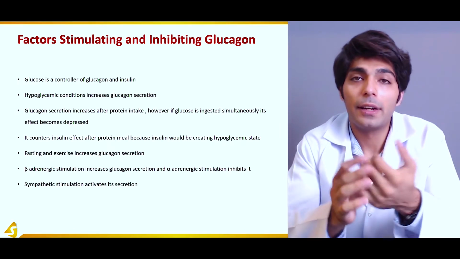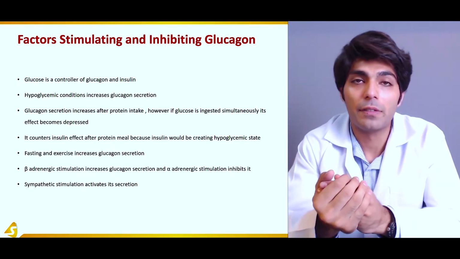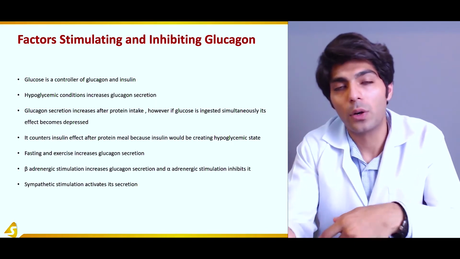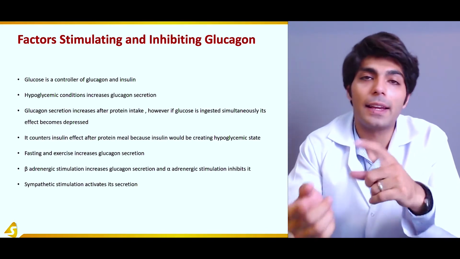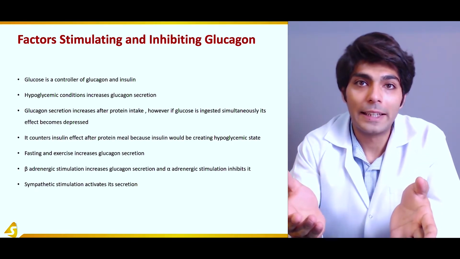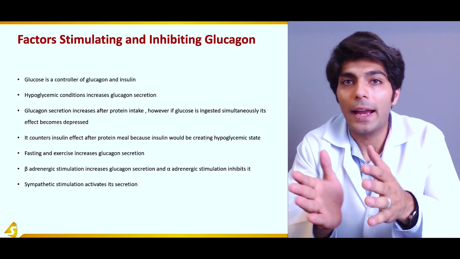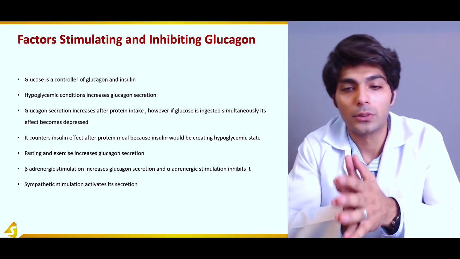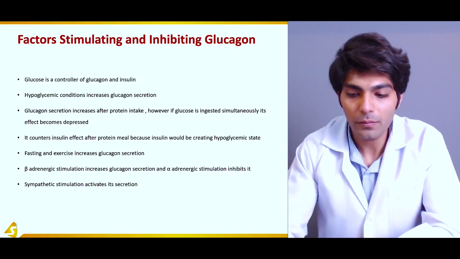And there's beta adrenergic stimulation, which we have discussed earlier, that it increases the glucagon secretion while it has the opposite effect on the insulin secretion. And alpha adrenergic stimulation increases the insulin secretion and it inhibits the glucagon secretion.